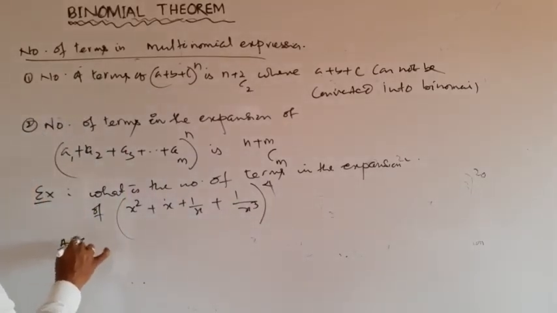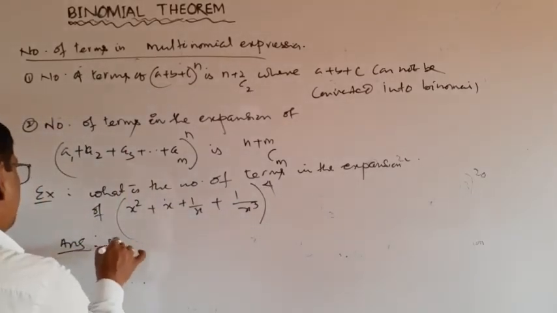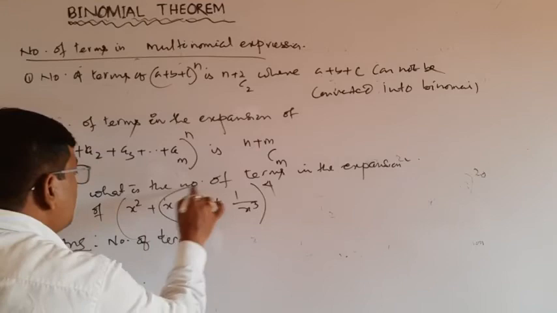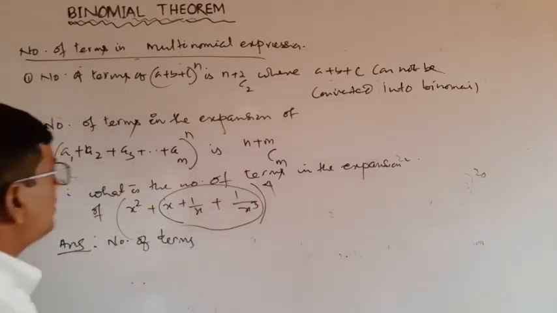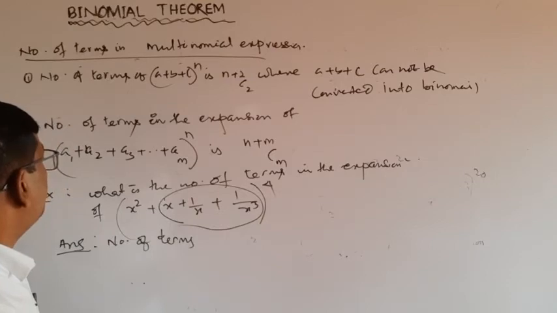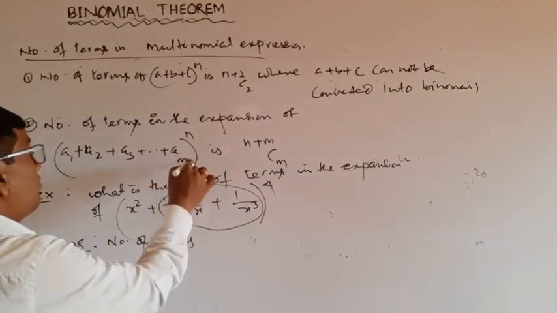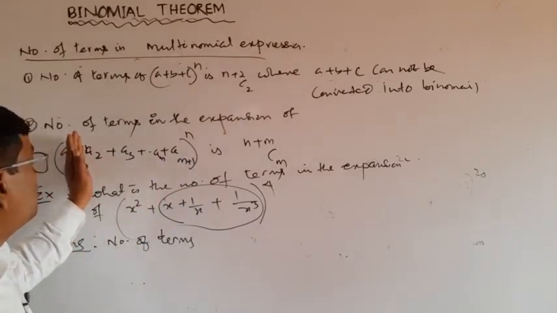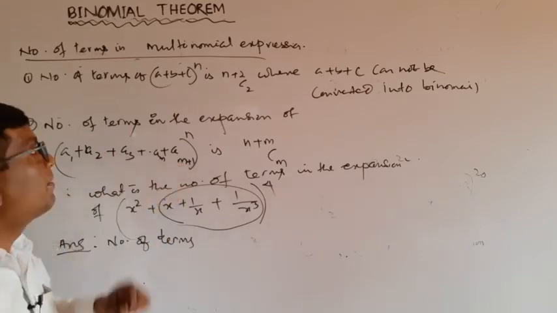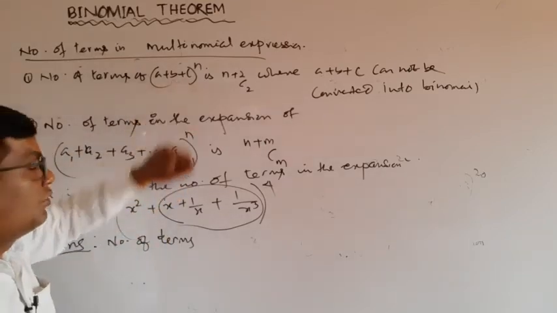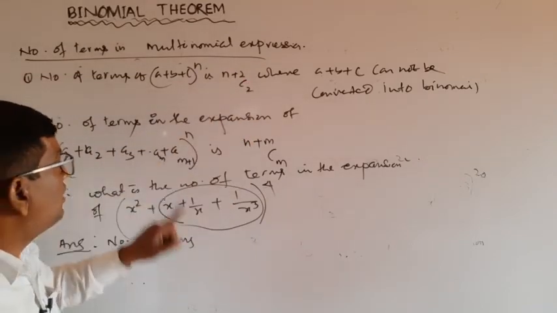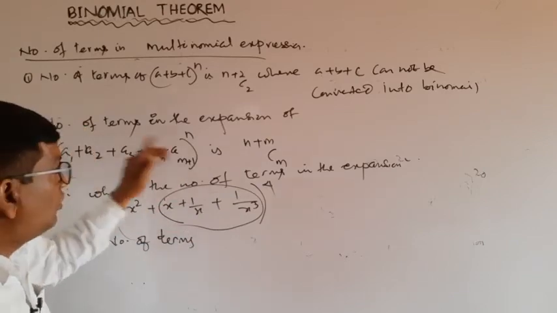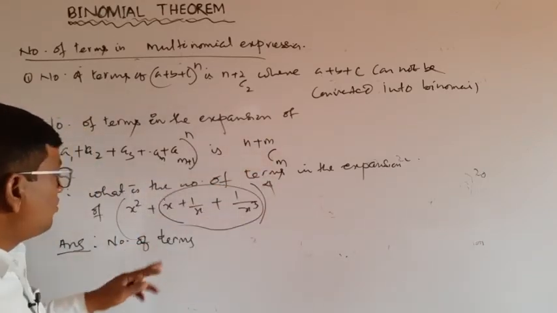Solution: the number of terms is n plus 2 c2 for a trinomial. Here a1, a2, up to am, so m terms are added, and the formula is n plus m cm.